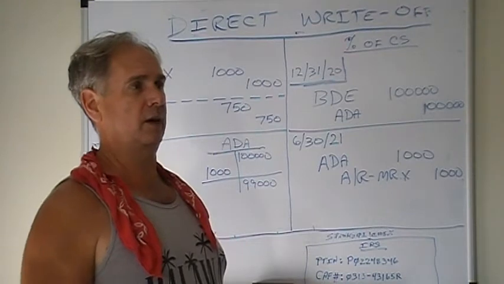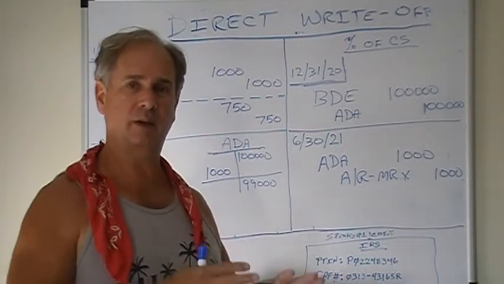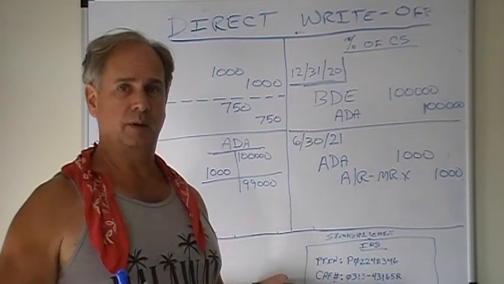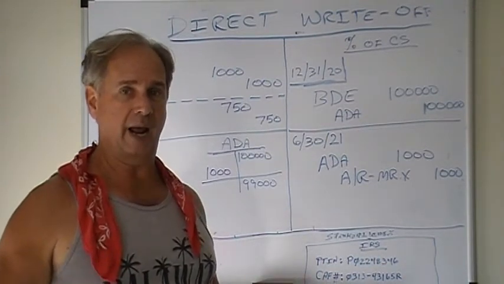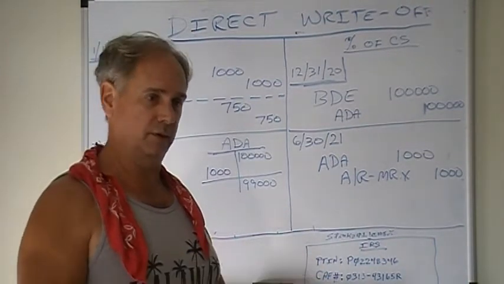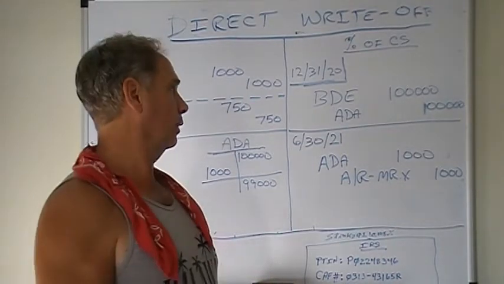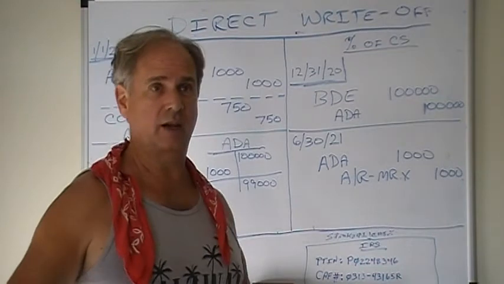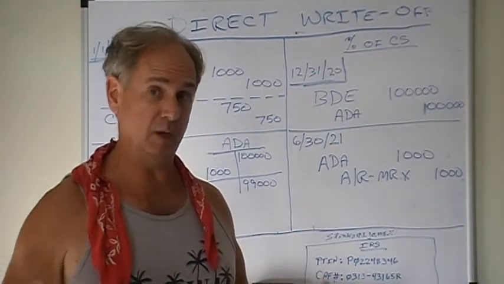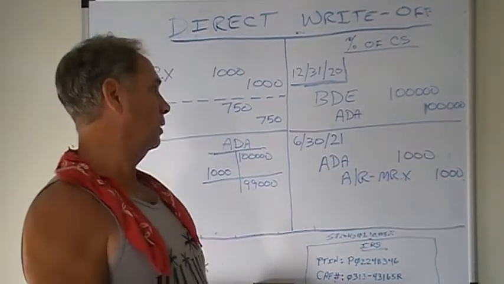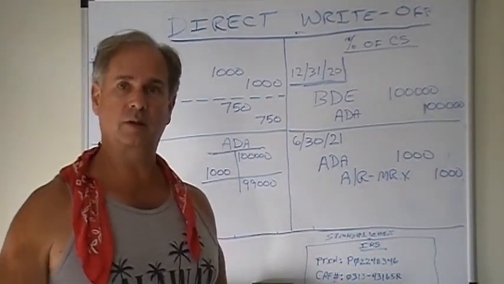And so let's say I decide it's 10%. Based on my historical analysis, I estimate 10% of credit sales will go bad, okay? 10% of this year's 2020 credit sales will go bad. And let's also say that in 2020 I had $1 million in credit sales, okay? So 10% of $1 million is $100,000.